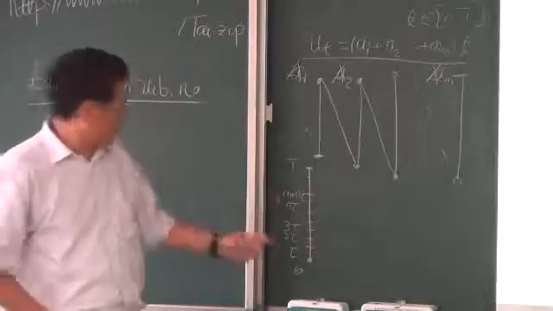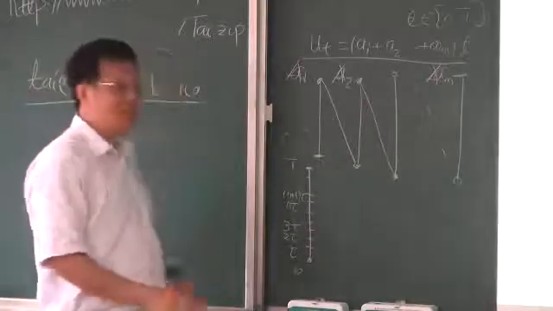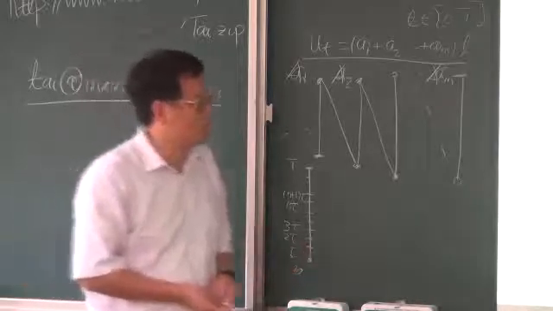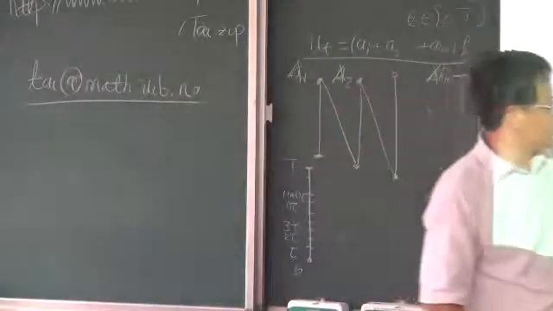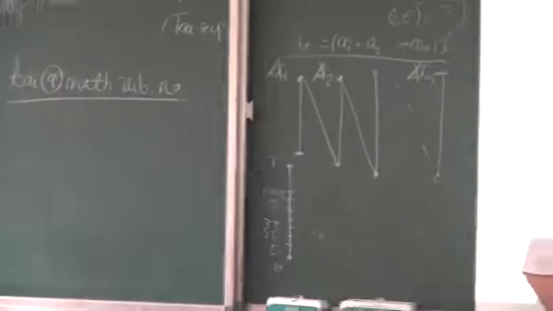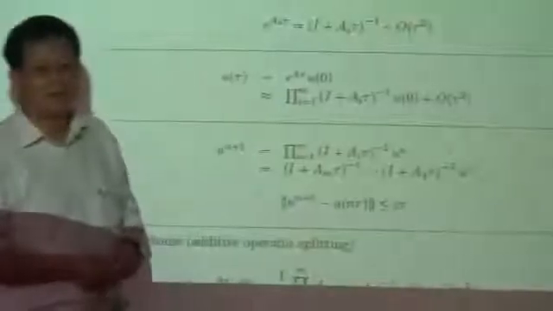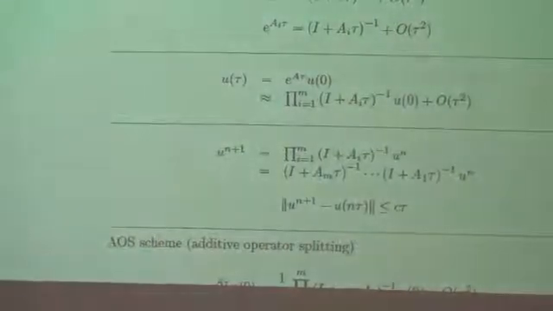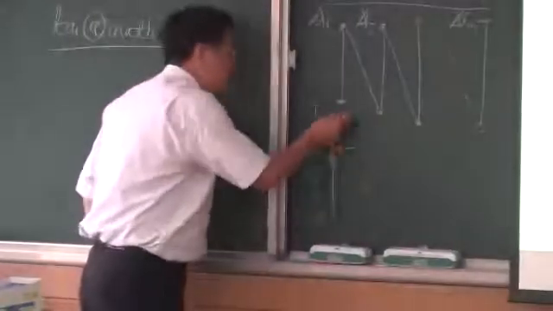You apply this formula on each subinterval. So when τ is relatively small, u_{n+1} equals (I minus A τ) inverse u_n. You have u_n here, and then you get u_{n+1}, and then do the next one, and the next one.